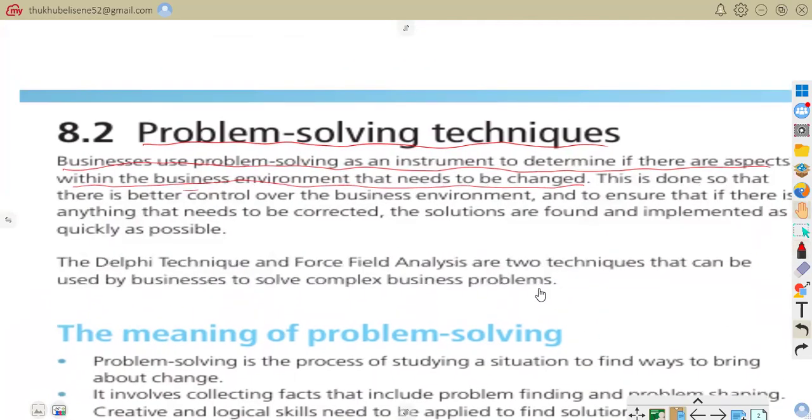What it means is that business use problem solving to find what is wrong or not working well.